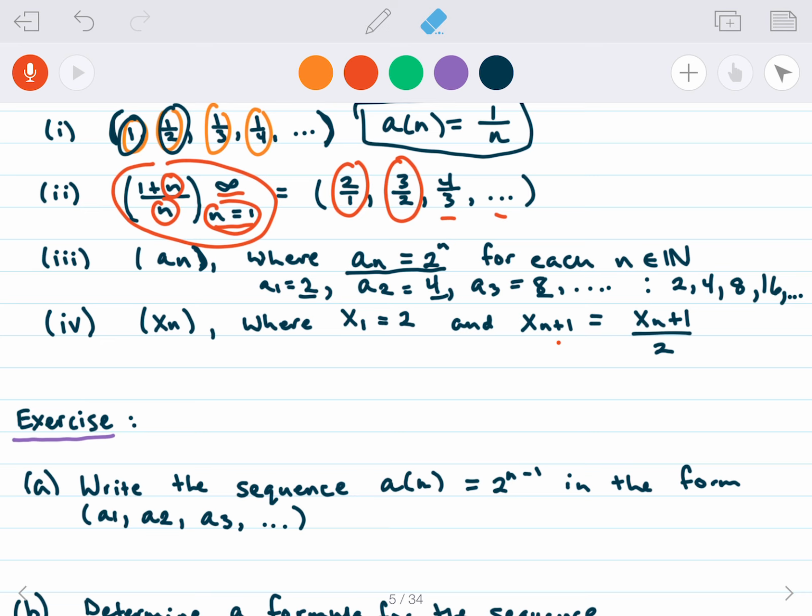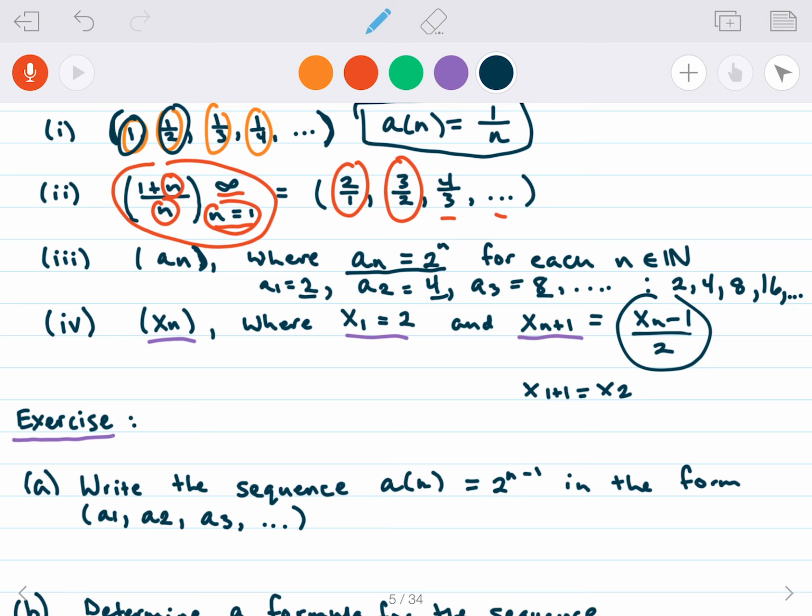We could have something called a recursive sequence, where the next term depends on the previous term. So if x sub n is our sequence, x sub 1 equals 2, then the next term is going to be x sub n plus 1 over 2. Oh, actually, I think I meant to say minus 1 here, not plus 1. Okay, so if x sub 1 is 2, then x sub 1 plus 1 is x sub 2.